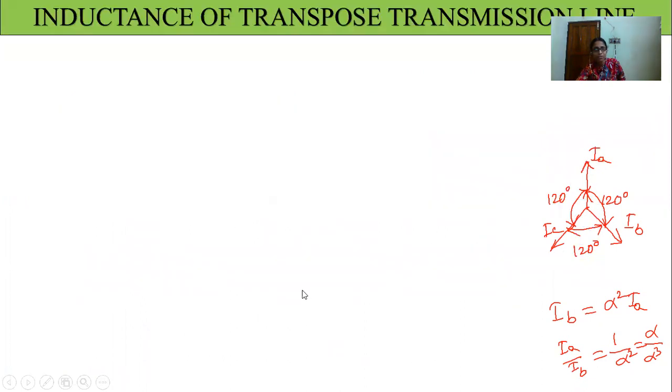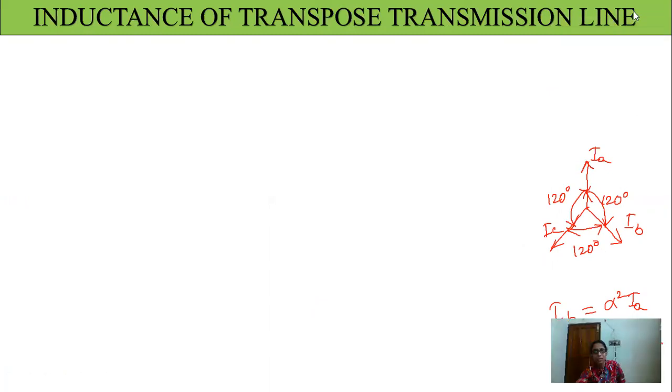And next is the inductance of a transposed transmission line. Already I have told the disadvantage of asymmetrical spacing, though it cannot be overcome, because from the constructional point of view the conductors for the three phases are not at the corners of an equilateral triangle.